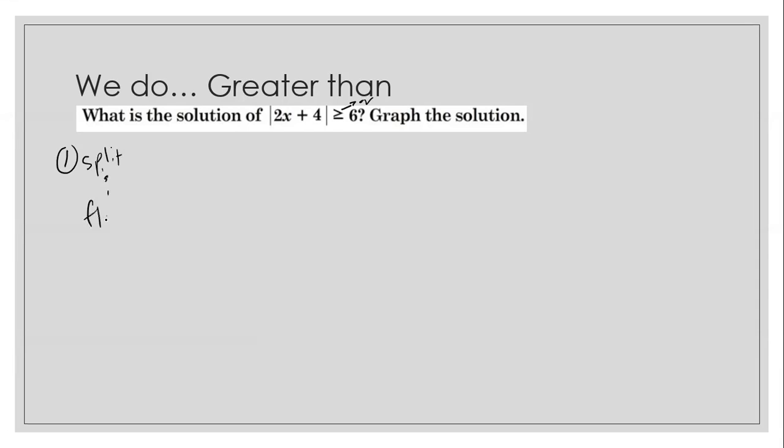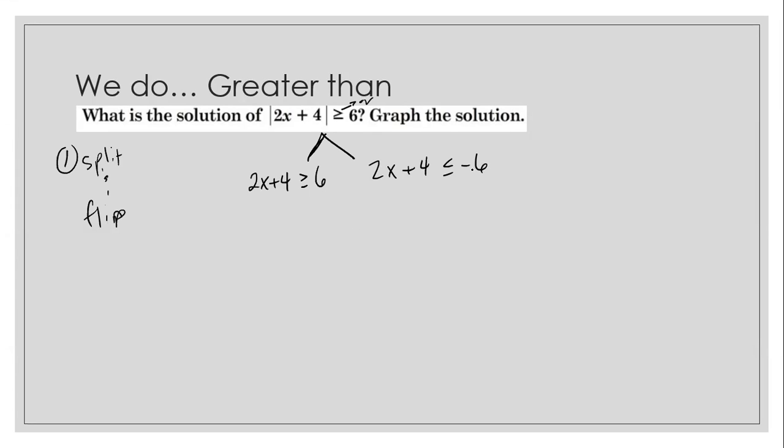For splitting and flipping, I'm going to have 2x plus 4 is greater than or equal to 6. And then when I split and flip, I'm going to flip the sign and flip from positive to negative. And so I'm going to be working with 2x plus 4 is less than or equal to -6.